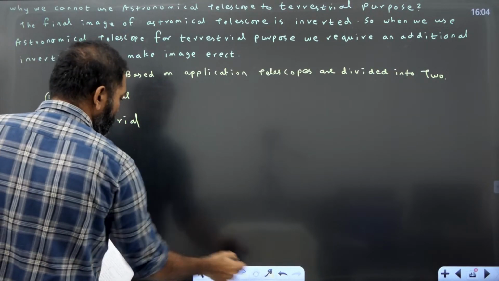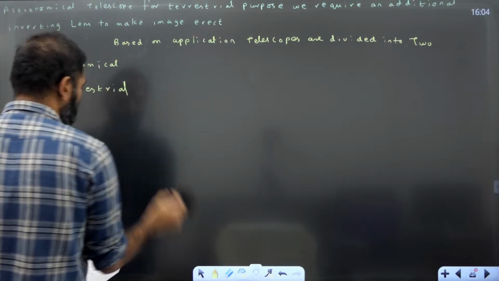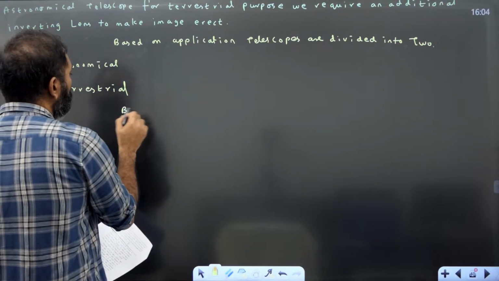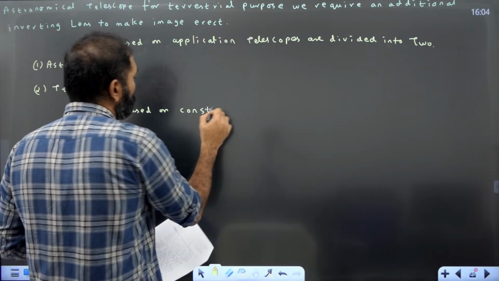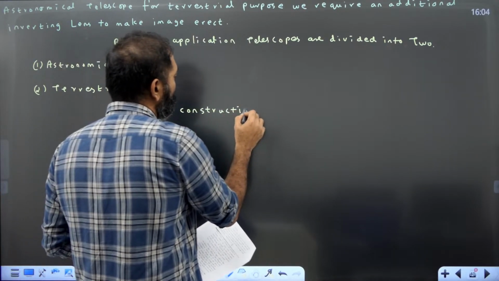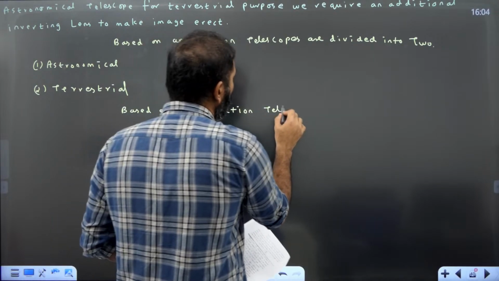Now based on construction, telescopes are divided into two.